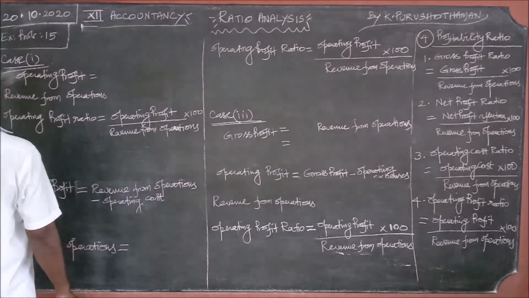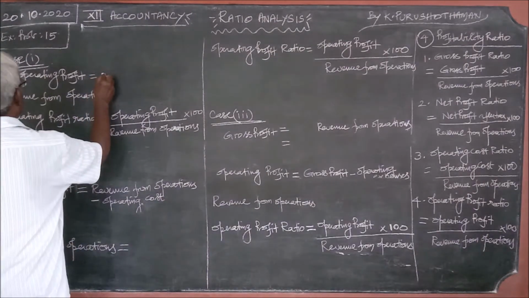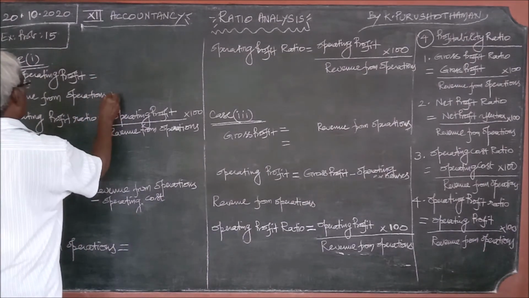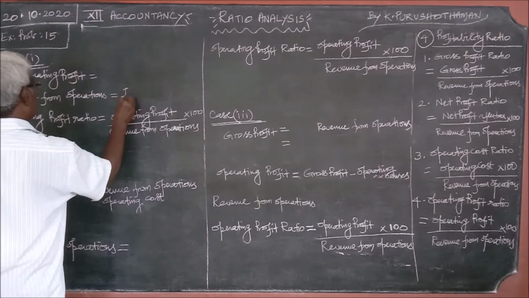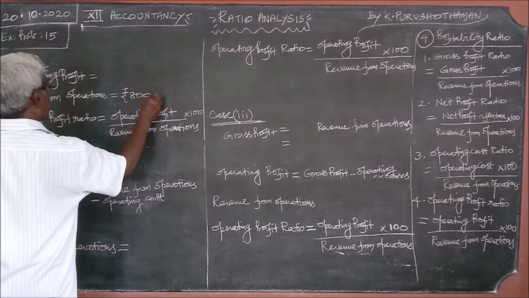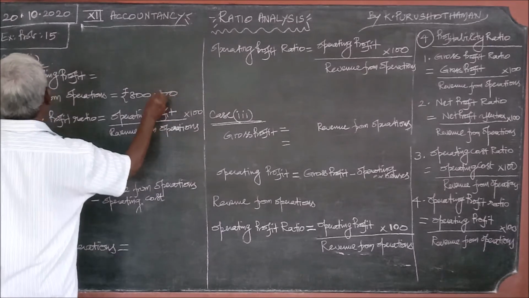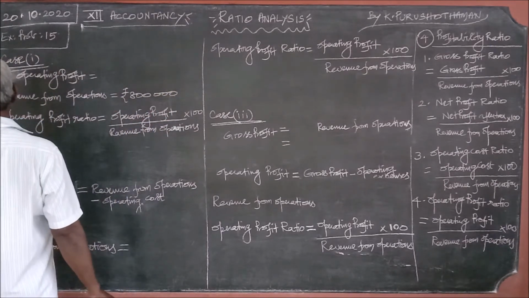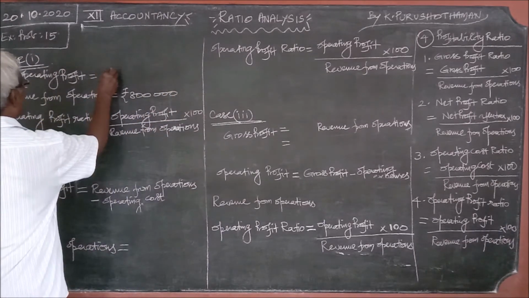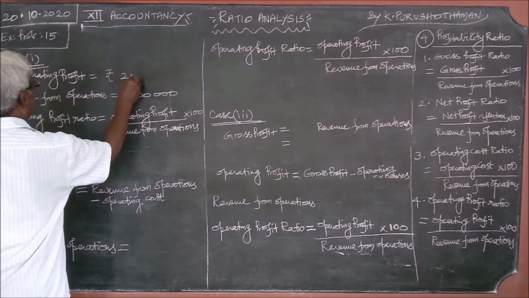In case 1, revenue from operations is equal to 8 lakhs and operating profit 2 lakhs.